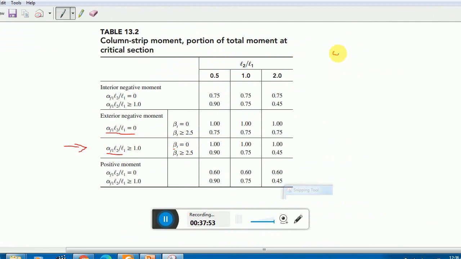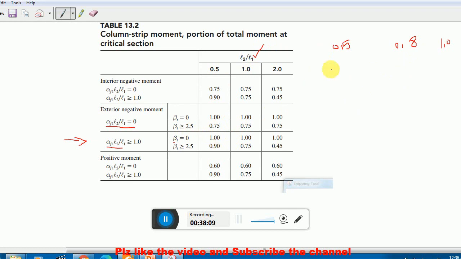Let me show you. Remember 0.5, and then the next value is 1.0. Now the required value of 0.8 is our ratio. Now you see here, 0.1. Here my beta value is 0, and here my beta value is 2.5, and my beta t value is 0.81, which is in between these two values.